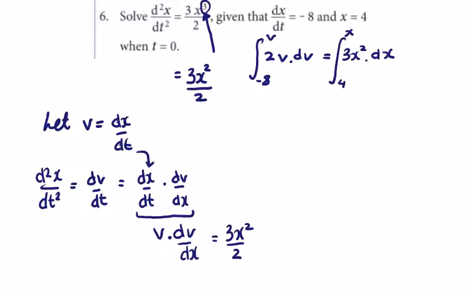So integrating, we get 2v squared over 2, v squared, between v and minus 8 equals 3x cubed over 3, x cubed between x and 4.